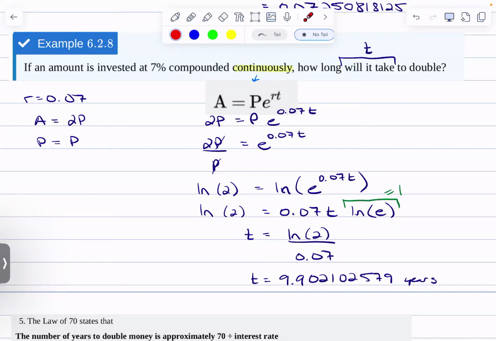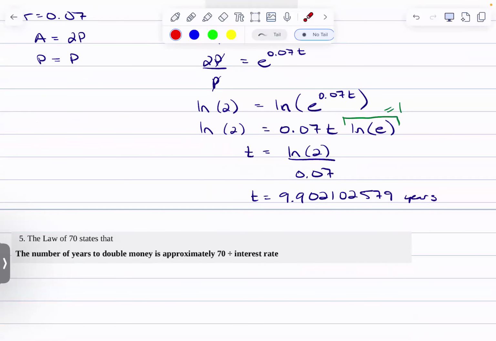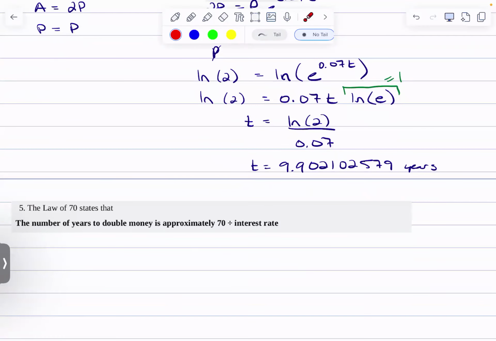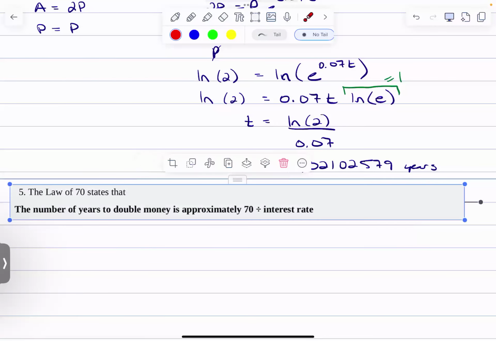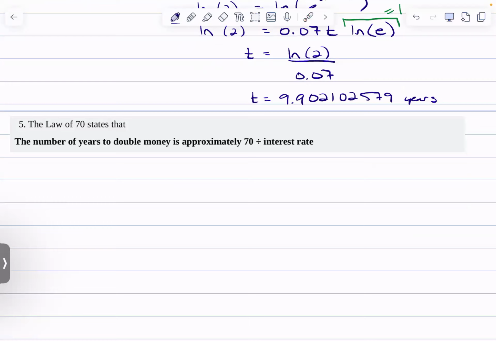In fact, there's a rule of 72, usually we call it, or the rule of 70, which says that the number of years to double money is roughly 70 divided by the interest rate as a percentage.